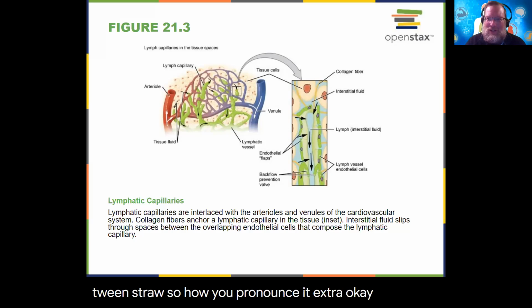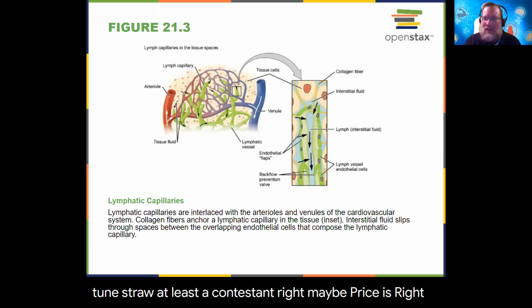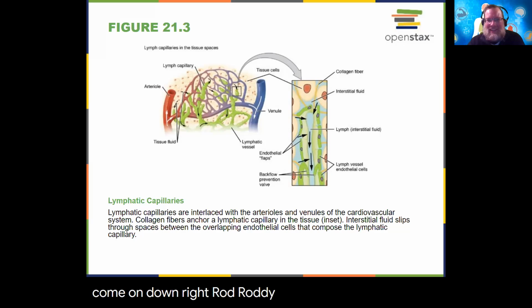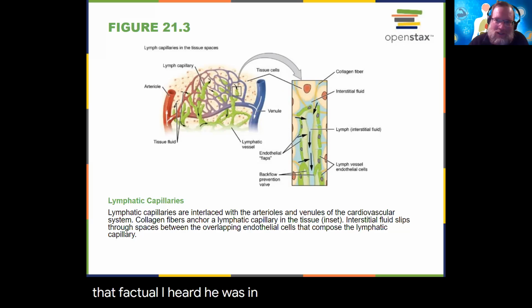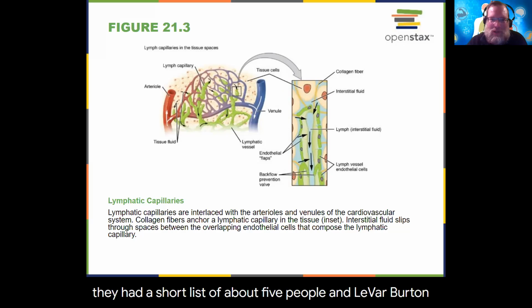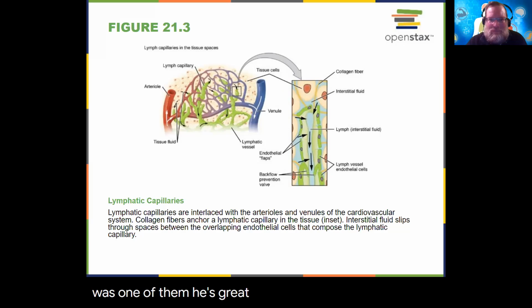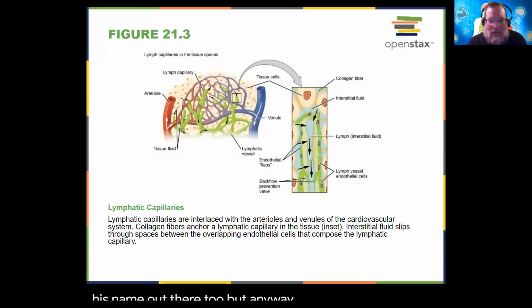Okay, Lori Toonstra. At least a contestant, right? Maybe The Price Is Right. Come on down, right? Yeah, the Reading Rainbow guy, huh? That's going to be the new Jeopardy host, LeVar Burton. Yeah, I heard he was in the running. They had a short list of about five people, and LeVar Burton was one of them. He's great. Ken Jennings, of course, they threw his name out there too. But anyway.